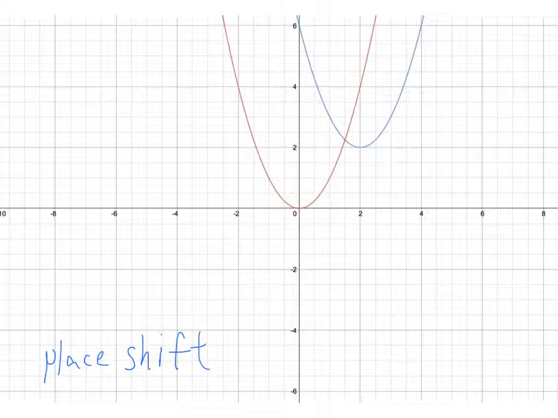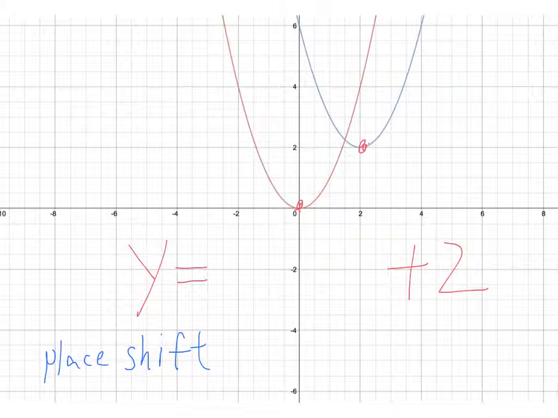Now, let's look at this function, this blue one. What do we notice? The difference between this and the original red function is the shift of its place. So how do we write this equation? Well, we can see from this graph that it shifts up 2 points, so in the end we add 2, and we can also see it shifts to the right 2 points.